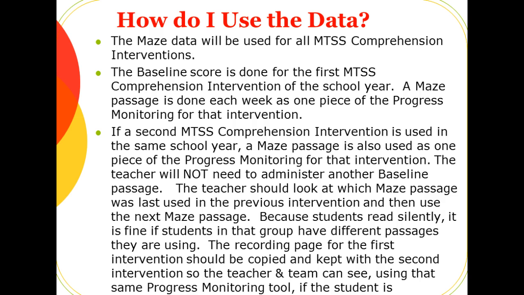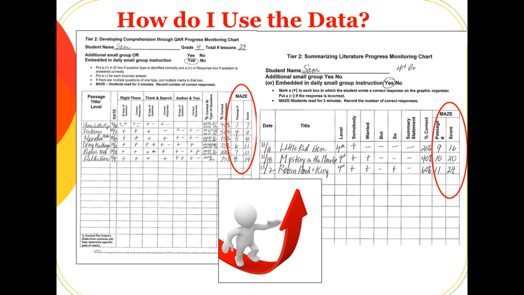What you're going to be doing, though, is keep that recording page from the first intervention with the second intervention so you could see that same progress monitoring tool and use it to see if the student is making progress. So for example, right here, I've got from QAR that we started out, and for our baseline it was passage 1 and the student scored a 7.